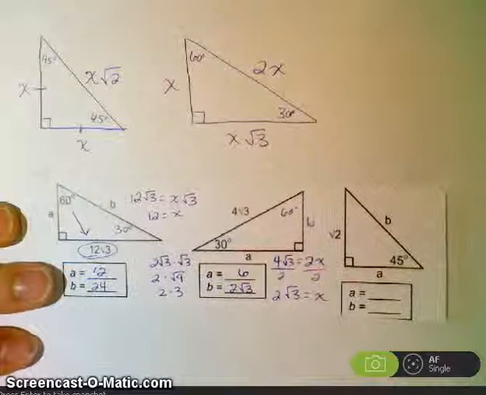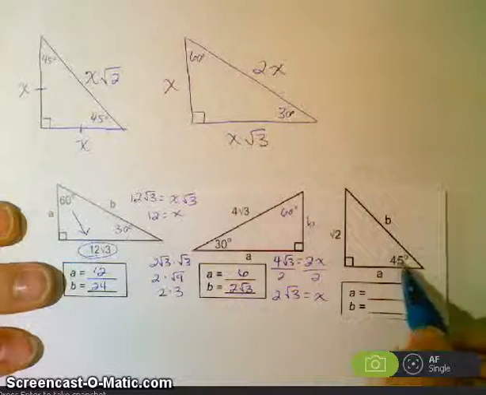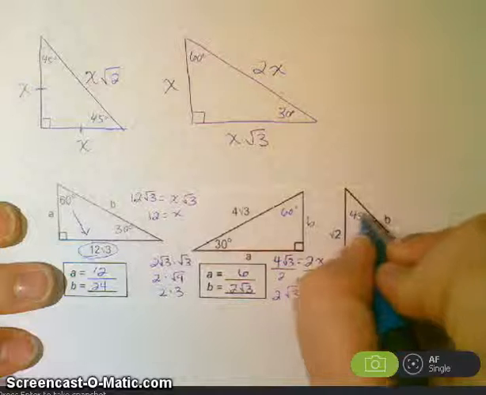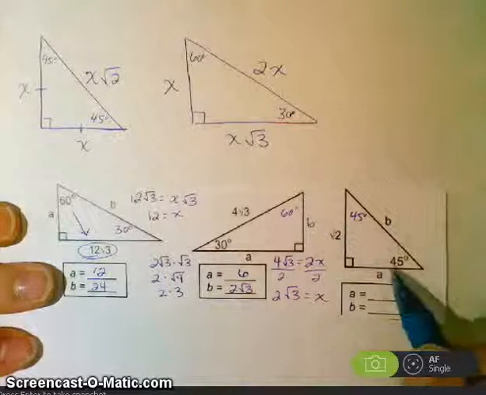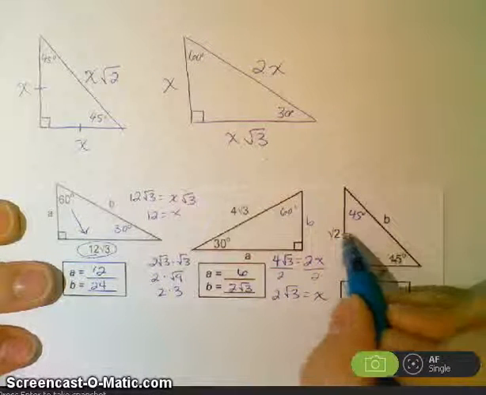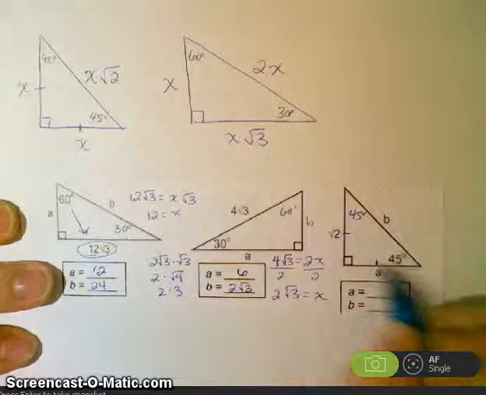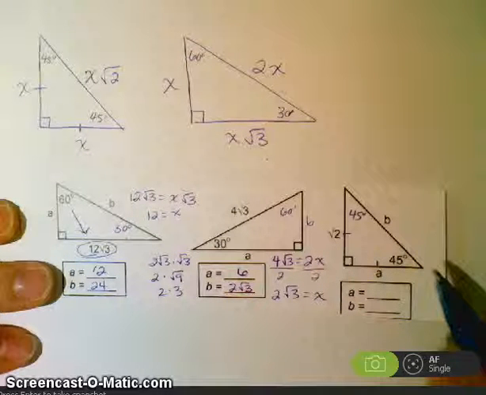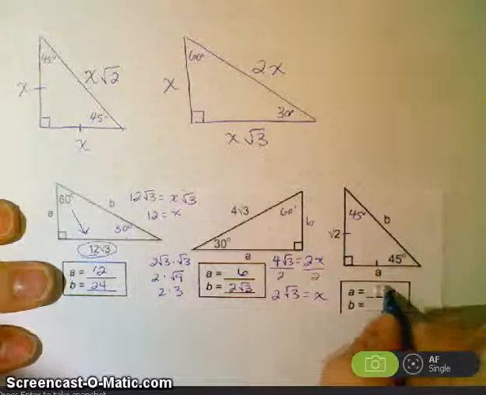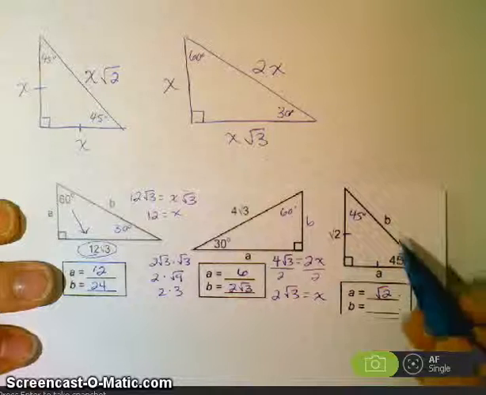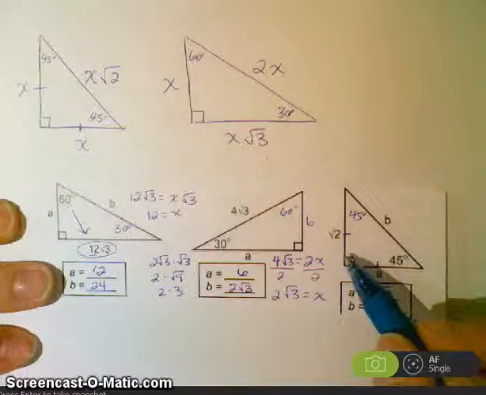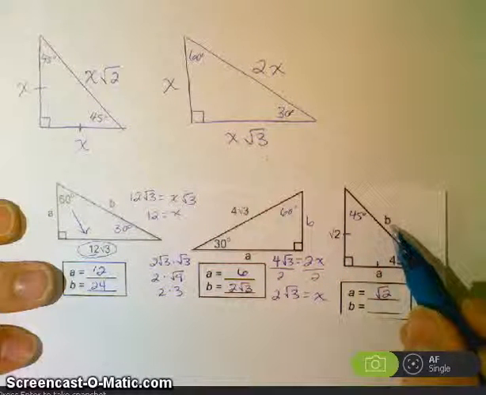for that A value. Now for the 45, 45, 90 triangles, they're typically a lot easier because two sides are the same: the two sides across from the 45-degree angles. So in this picture, our A would be the square root of 2. To get to B, the hypotenuse, it is across from the 90-degree angle.